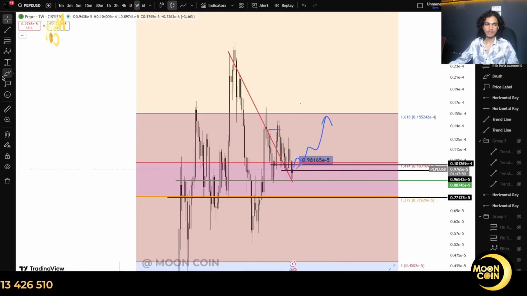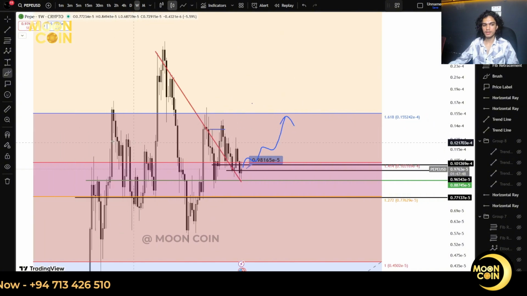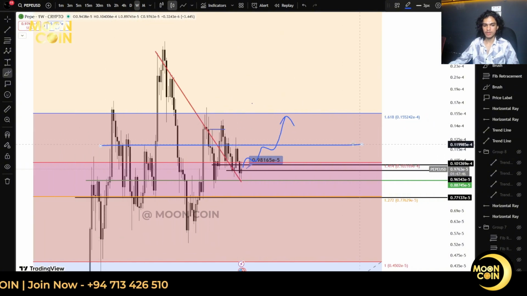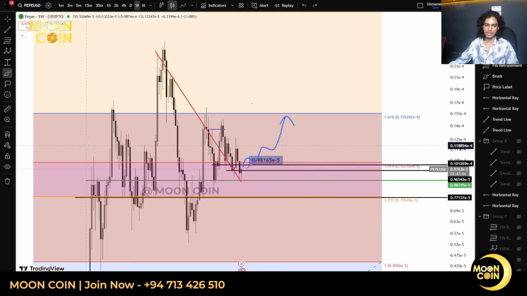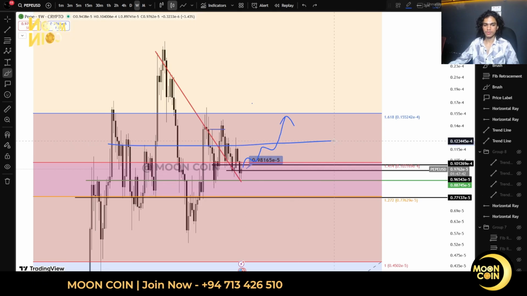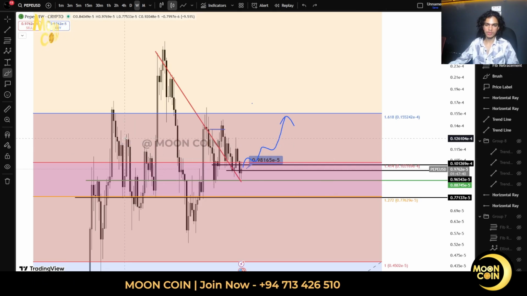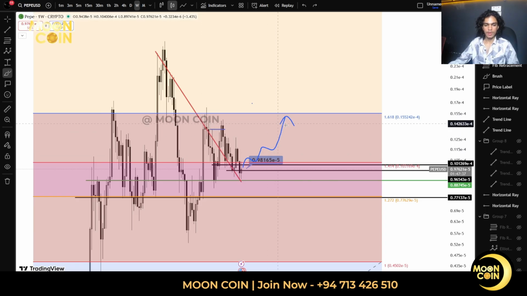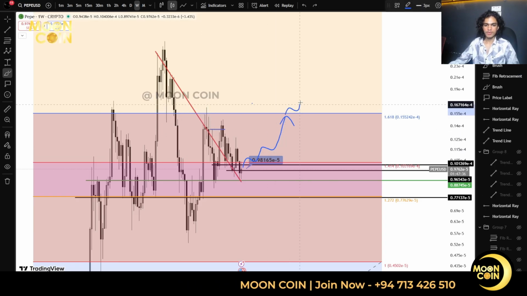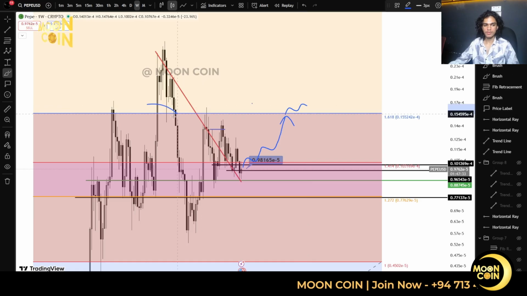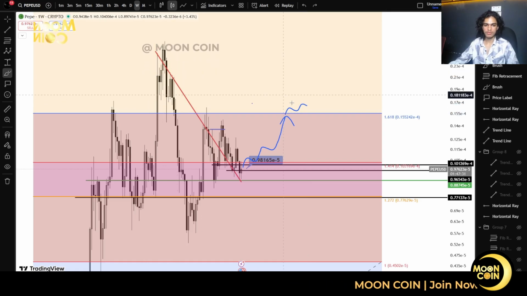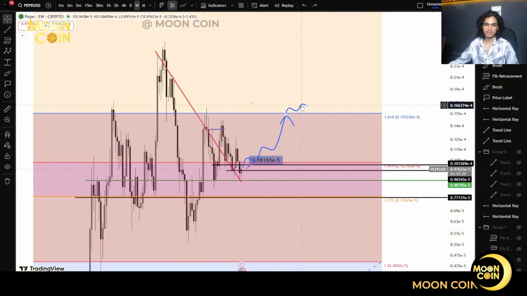Let's say if the price goes here, we have some decent trend lines here. Let's talk about that in the future. If it reaches here and we make a break like this, then the market will go for that 87 percent.